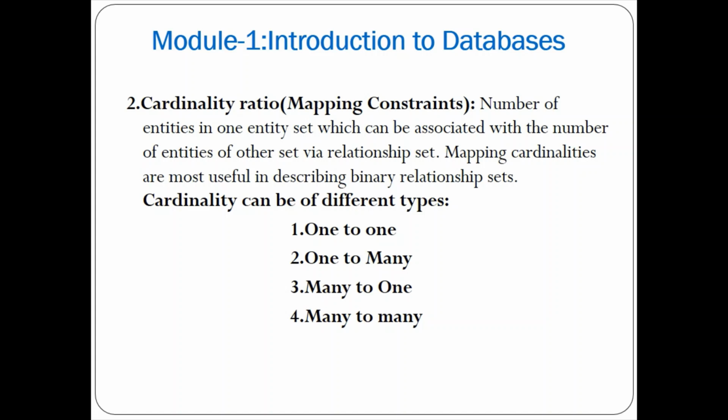The mapping cardinalities are most useful in describing binary relationship sets. We can also define the number of relationship instances in which an entity can participate as the cardinality ratio. The possible cardinality ratios are 1 to 1, 1 to many, many to 1 and many to many.